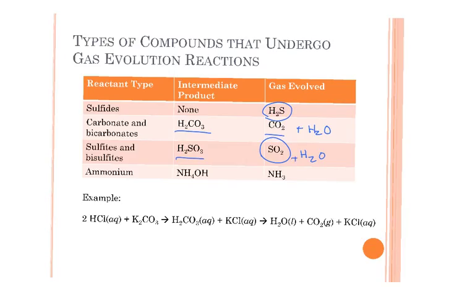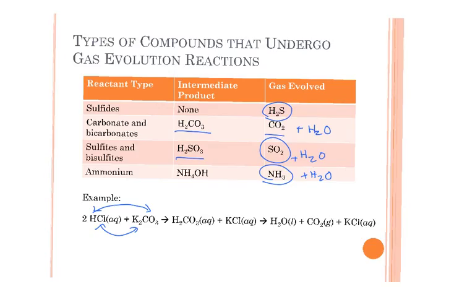So, for example, if we have hydrochloric acid combined with potassium carbonate here, then we do our double displacement reaction here. The outside ones go together to give us H2CO3, which is carbonic acid. And the inside ones go together to give us KCl, which is our salt. Okay?